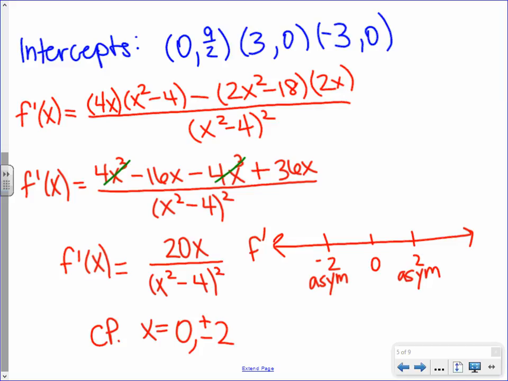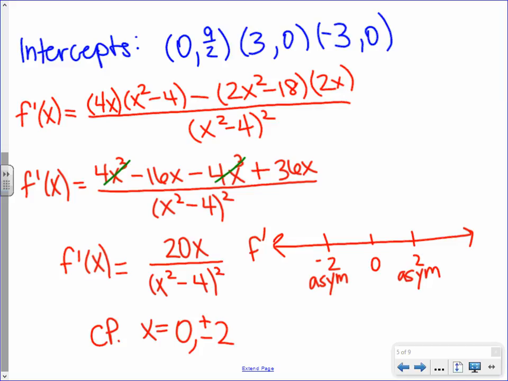Isaac, to the left of negative 2, what does that make our derivative? I got negative. Okay, so let me give you some advice here. What's always going to be true about our denominator? It's always going to be positive. So Isaac, I'll let you answer one more time.